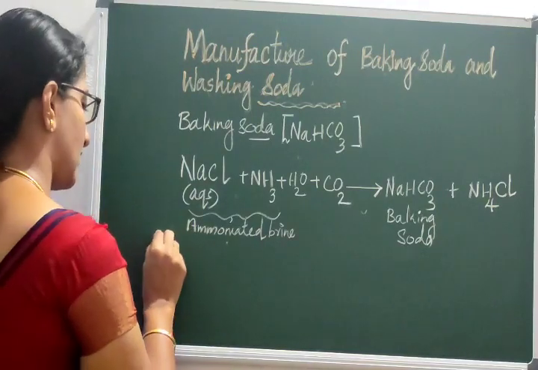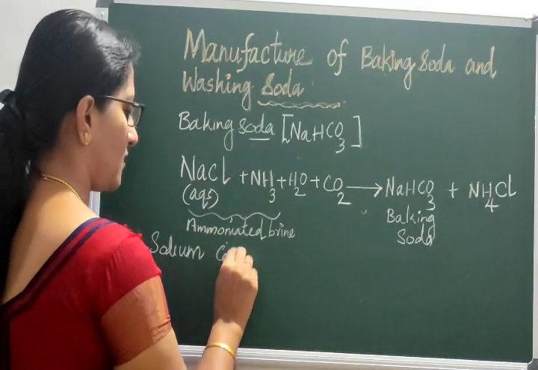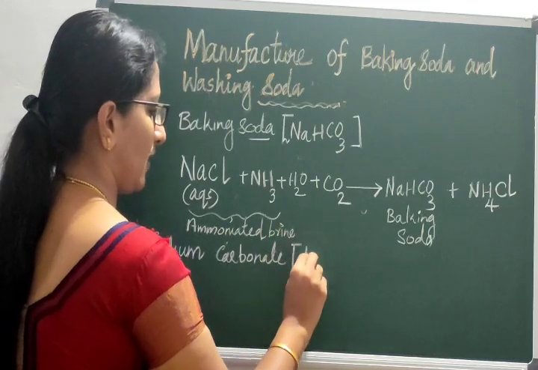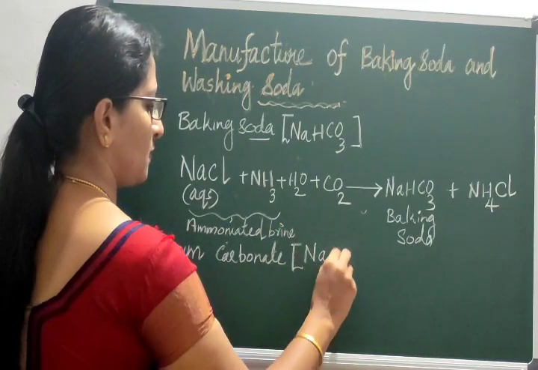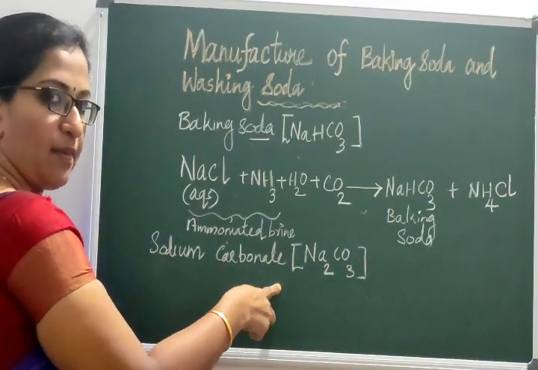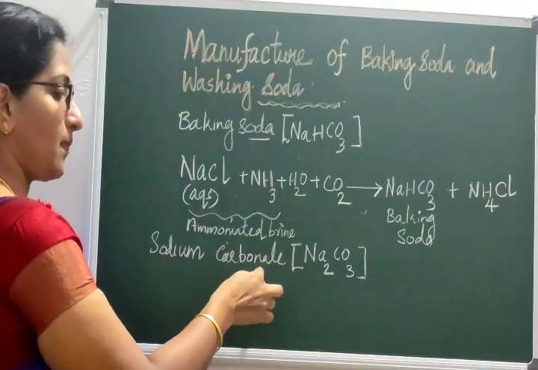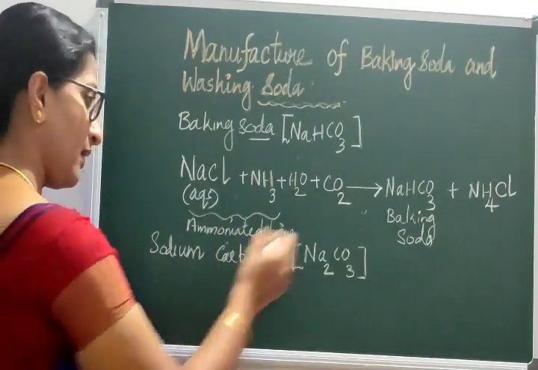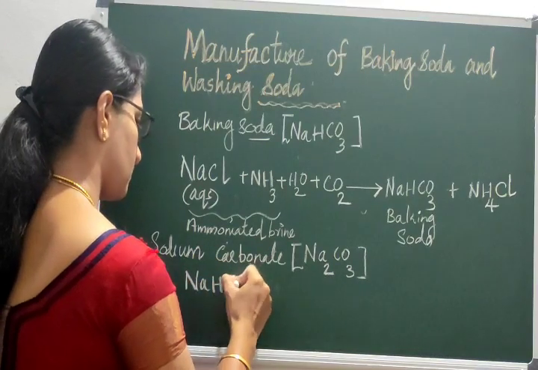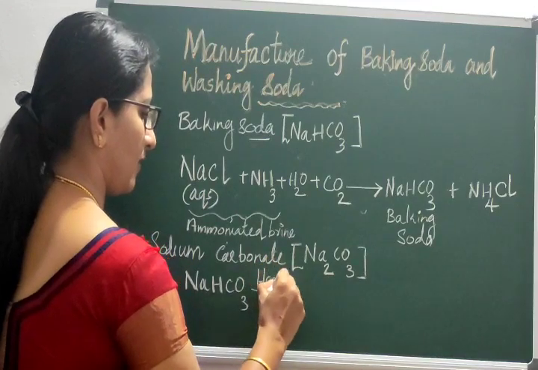Now let's prepare sodium carbonate. Sodium carbonate, the chemical formula Na2CO3. If you want to prepare sodium carbonate, you need this baking soda. How will you prepare sodium carbonate from baking soda? Take baking soda and heat strongly.